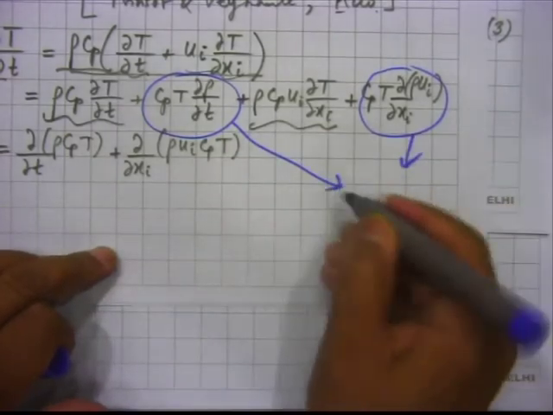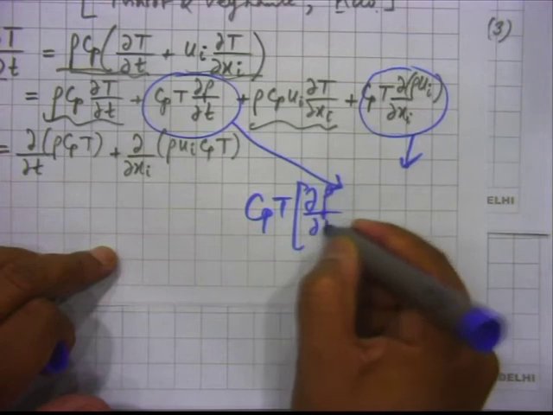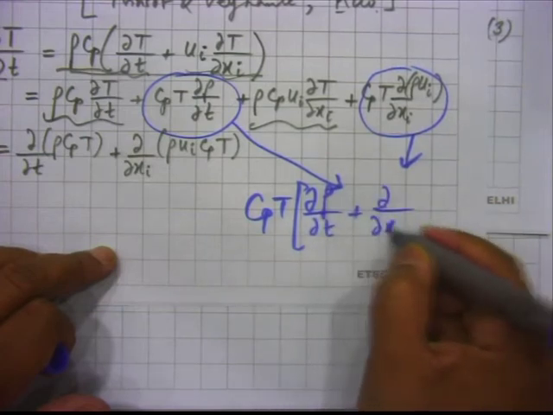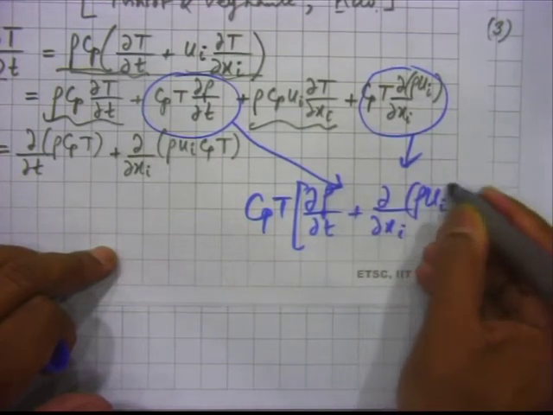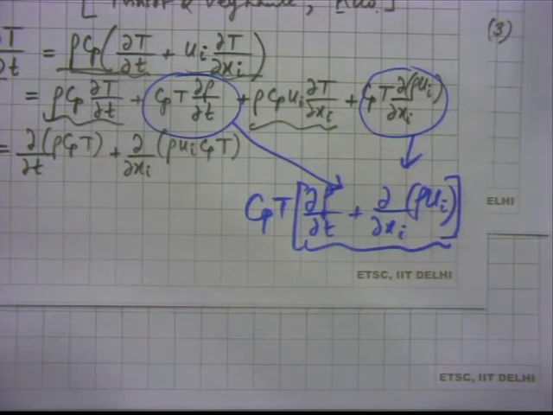These two are like Cp T, del rho del t plus del del xi of rho ui, correct? And this is the continuity equation.